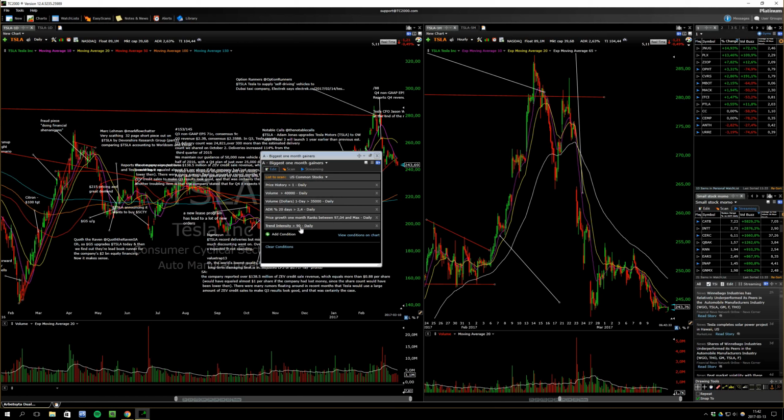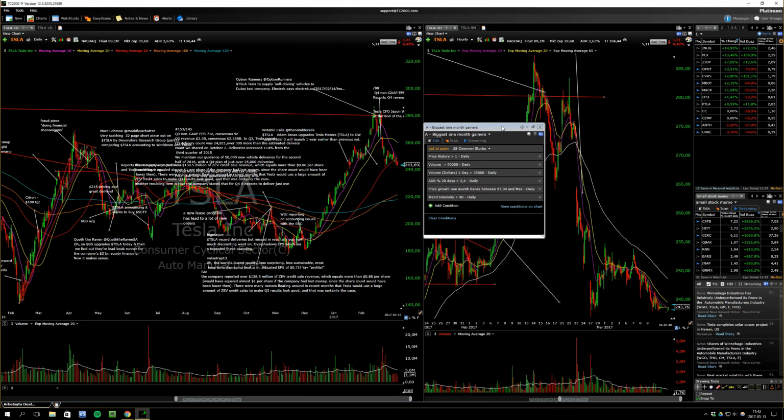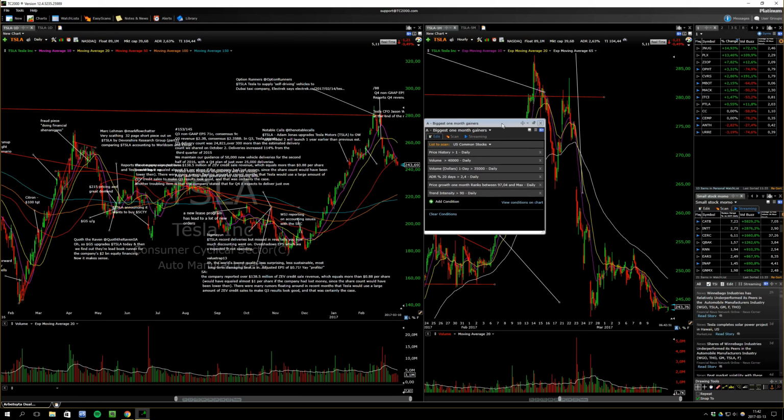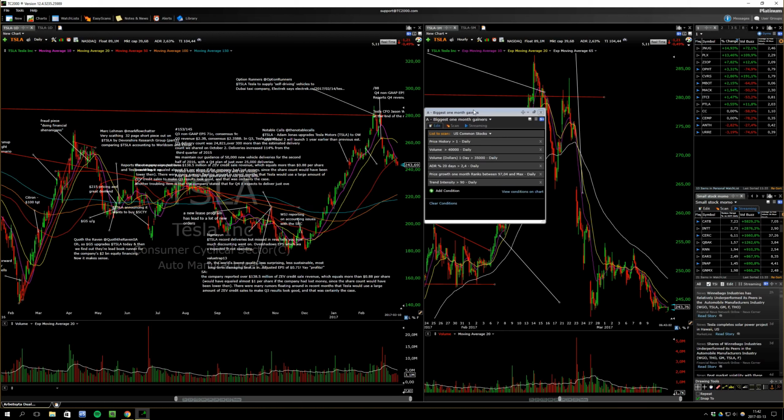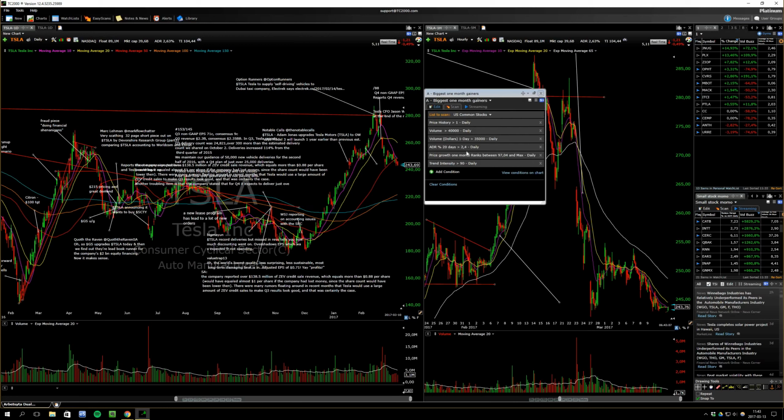And this is a trend intensity. This is also a custom indicator I got from a site called stockb.blogspot.com. His name is Pradeep. He's a great trader, and he has a free blog on stockb.blogspot.com, and he also has a paid membership site called stockb.biz, and that's where I got this indicator.